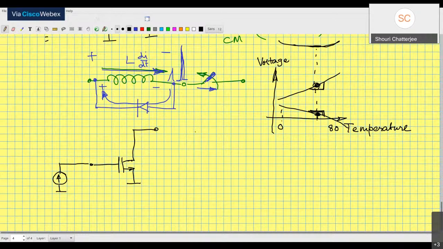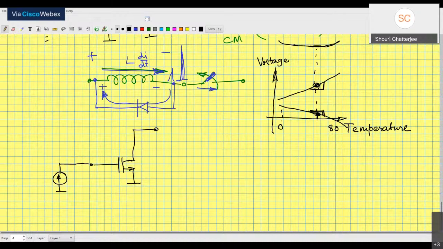This circuit is going to look crazy. I'm applying a current source at the gate of the MOSFET. So it's really going to look totally crazy. But the thing is that this current source is a small signal current source. It's not a large signal. It's not DC.